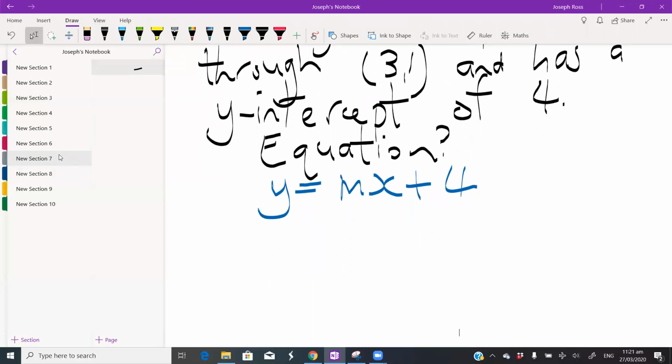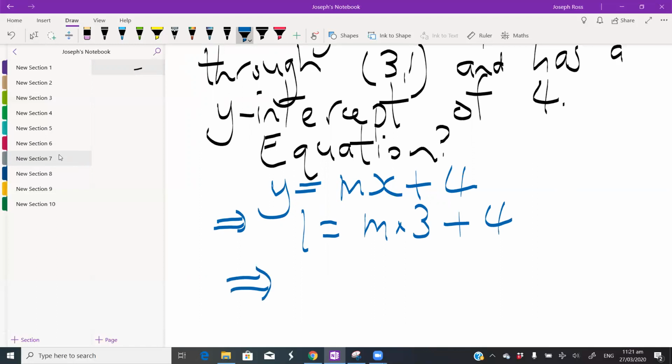So we've got the point (3, 1), which means x is 3, y is 1. If we substitute that in, we've got y, which is 1, equals m, which is unknown, multiplied by x, which is 3, plus 4. Then we need to solve that equation for m.